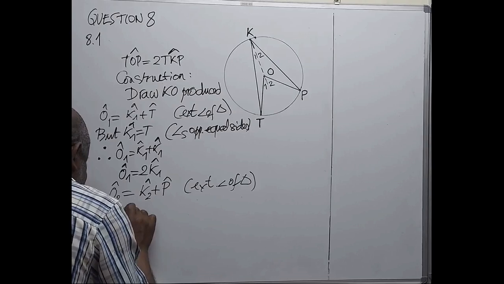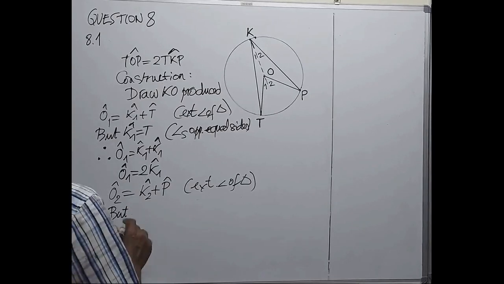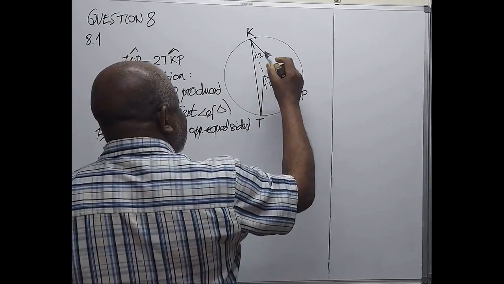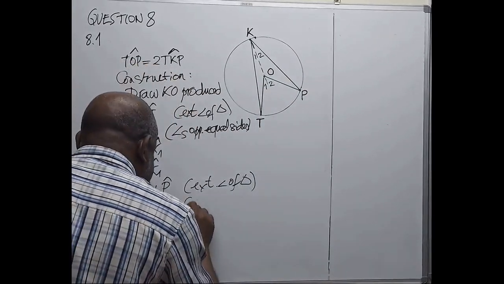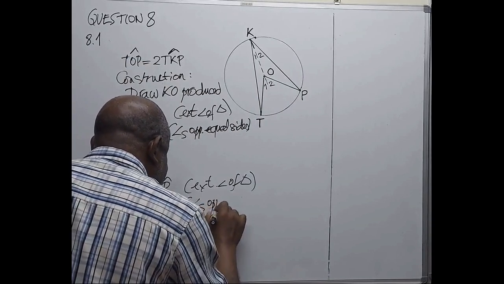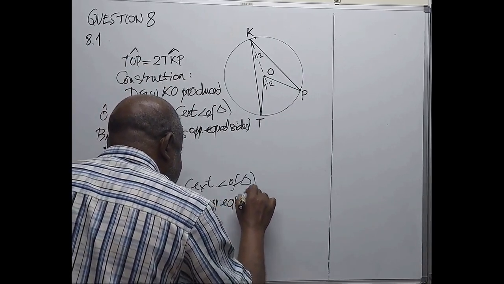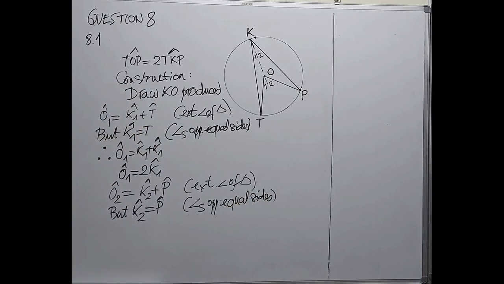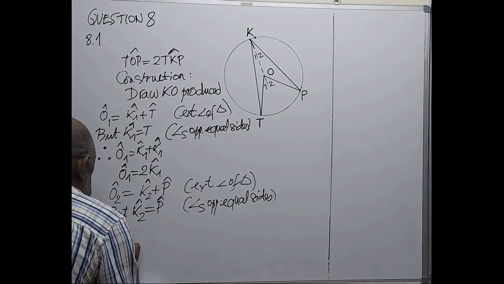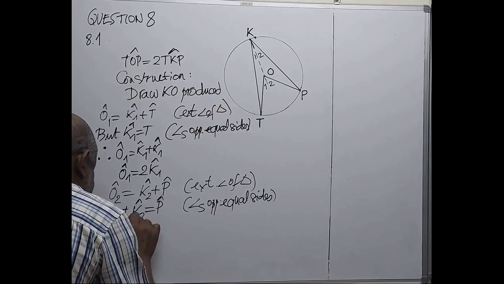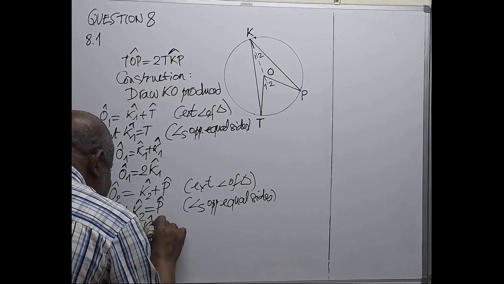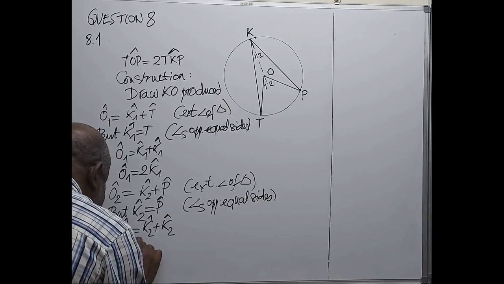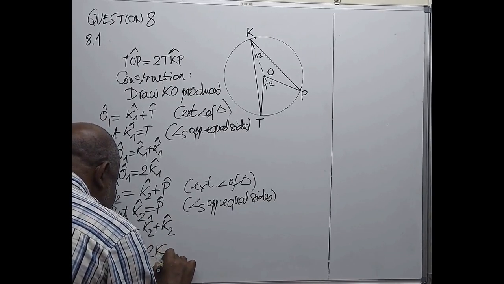But K2 is equal to P, for the same reason, angle opposite equal side. Therefore O2 will be equal to K2 plus K2, because K2 is equal to P. Then O2 will be equal to 2K2.